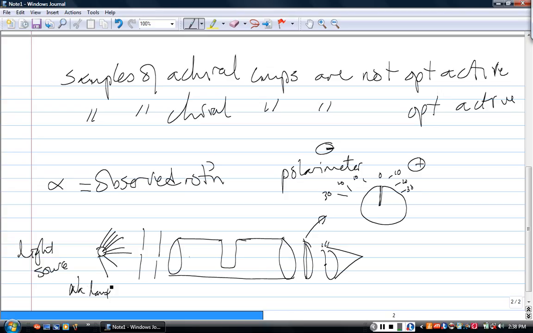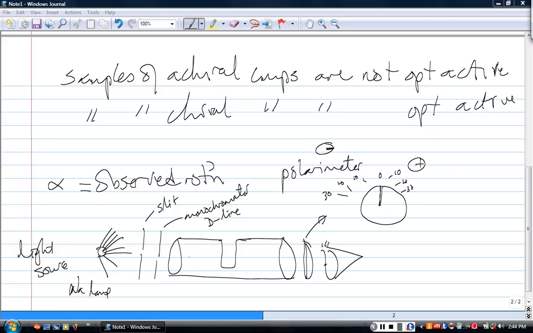Then you've got a slit, you've got a monochromator, and the monochromator, as I said, would select only a single frequency, a single color of light, and the frequency of light that's used is called the D line, because when you look at the emission spectrum for an atom, you simply see a series of lines, and if you read left to right, the lines are called A, B, C, and D lines. So we select the D line of sodium as our reference line.